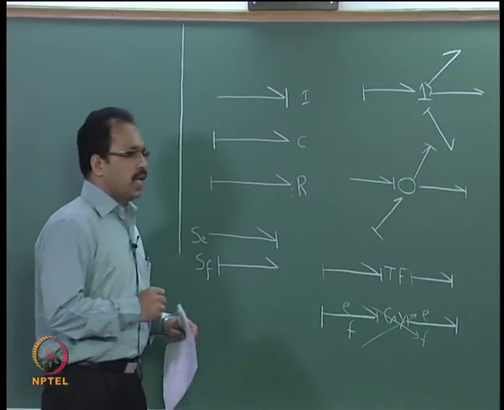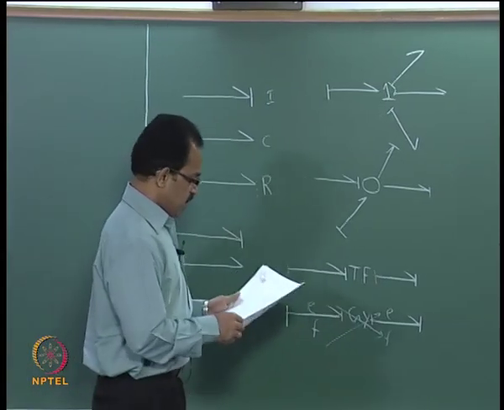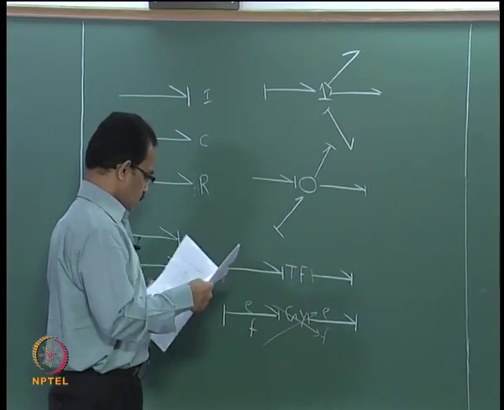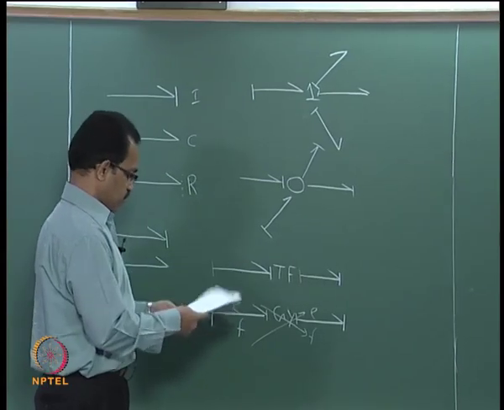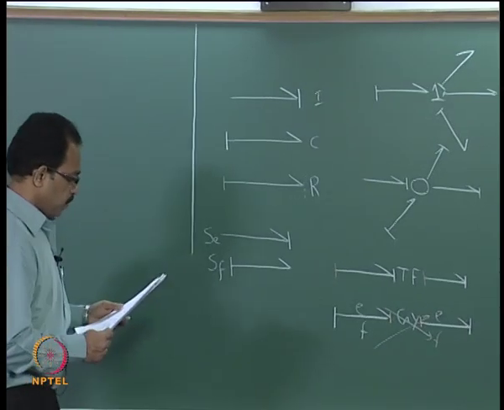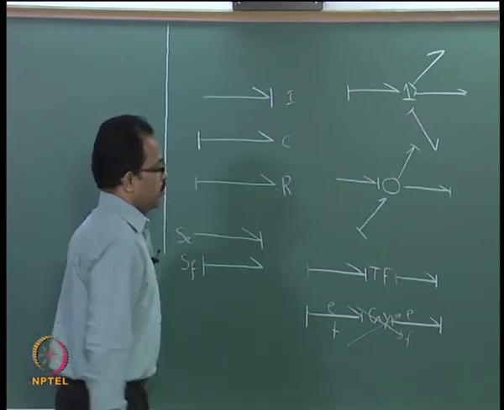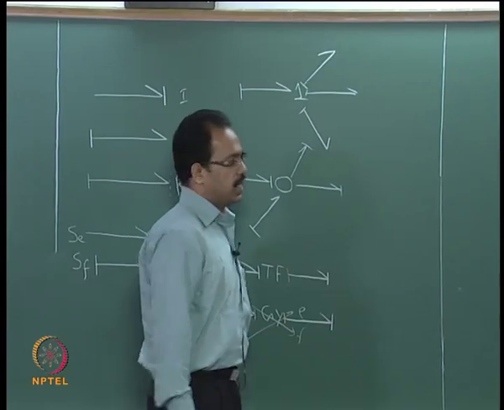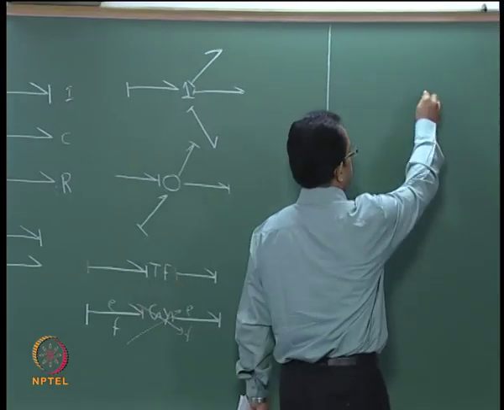Bondgraph modeling. Now let us take a very simple example and then see how we actually develop the Bondgraph model for such systems, for mechanical systems or hydroelectrical systems. Let us take the simple example shown in the slide. It is basically a mass spring damper system.